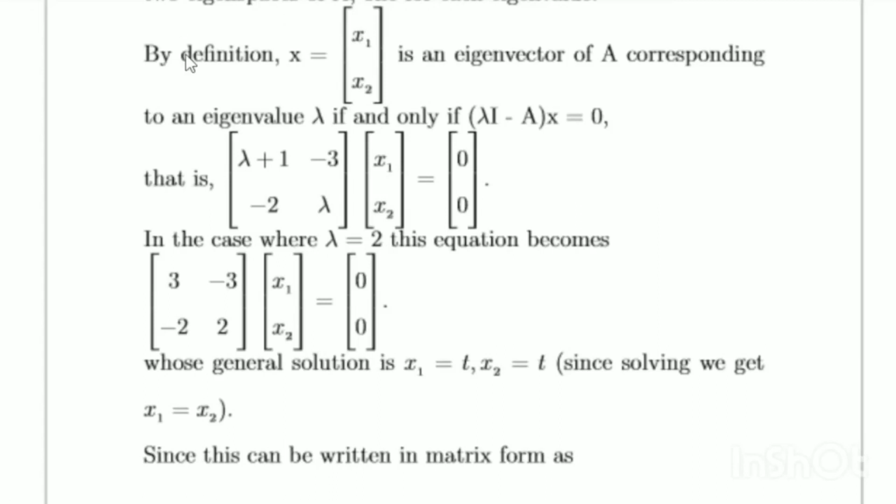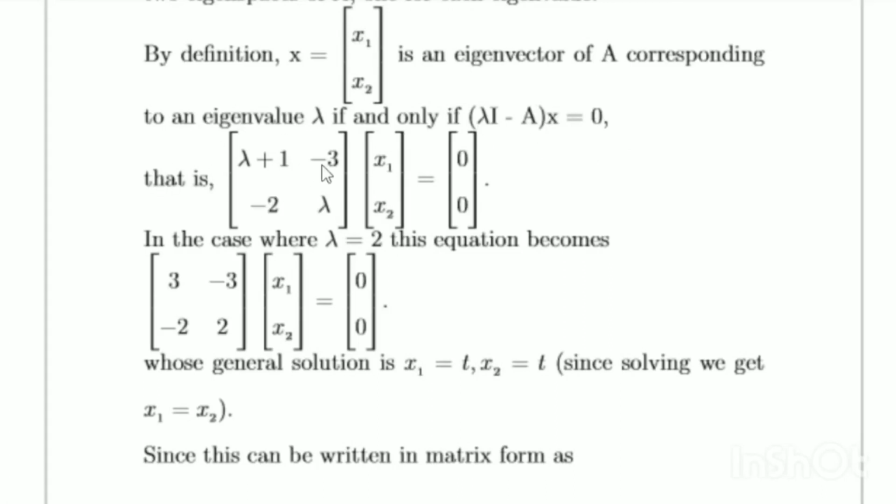Now we need to find the eigenvectors corresponding to our eigenvalues. By definition, x equal to x1, x2 is an eigenvector of A if it satisfies the equation lambda I minus A into x equal to 0. Whichever vector satisfies this equation will give you the eigenvector.